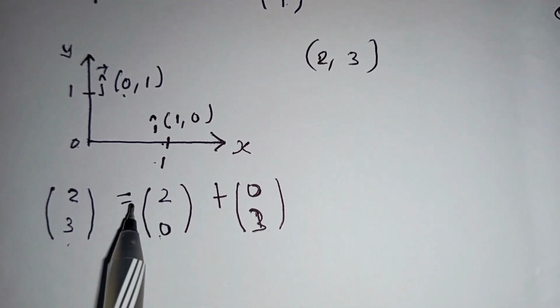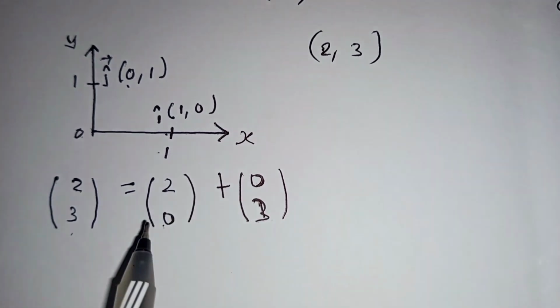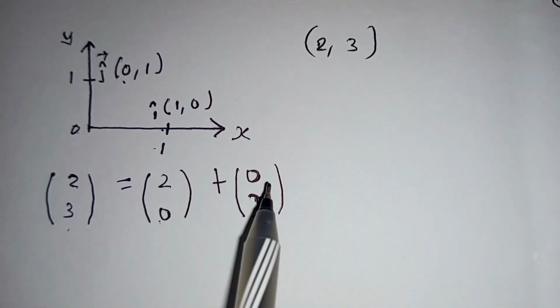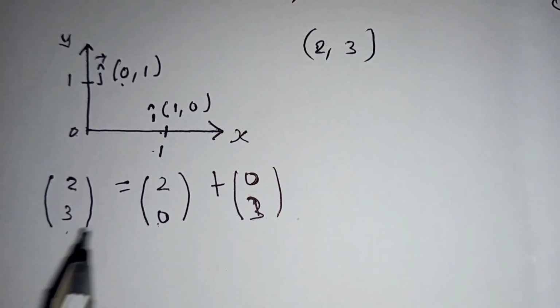When you want the x component together and the y component together, it is 2 plus 0, which is 2, and 0 plus 3, which is 3.